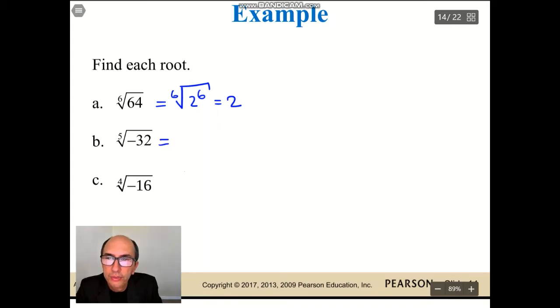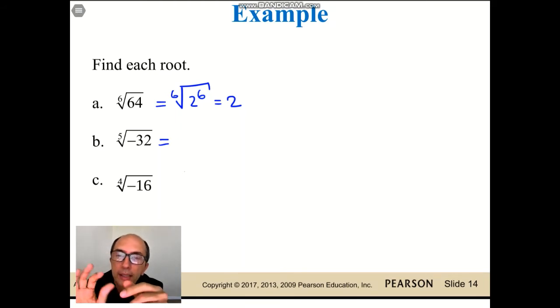Now check it out. We have a negative number here, but the index is an odd number, 5. So the 5th root of negative 32. Let's try by hand.